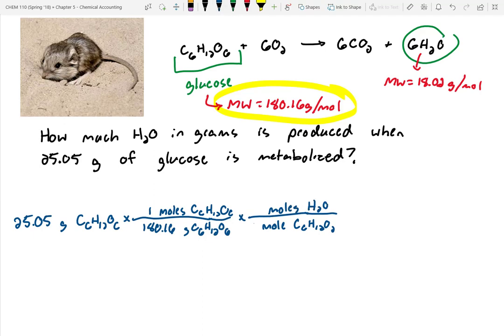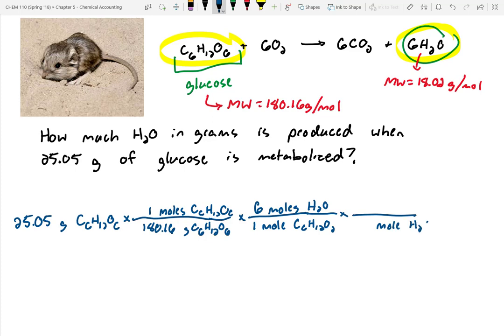And if we look back up at the equation, there's 1 mole of glucose for every 6 moles of water. That's the ratio that we have. So we've got 6 moles of water for every 1 mole of glucose. And then last but not least, we can cancel out moles of water and get grams of water.